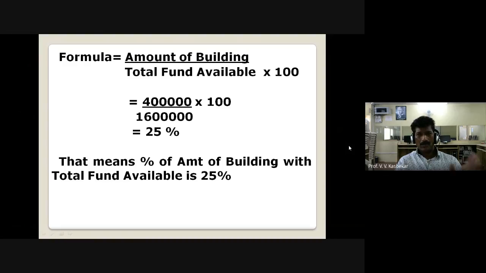Now if the amount of building is 4 lakh and total amount of fund available is 16 lakh, then 4 lakh divided by 16 lakh multiplied by 100, and we get here percentage of building with total fund available, that is 25%. That means percentage of amount of building with total fund available is 25%.